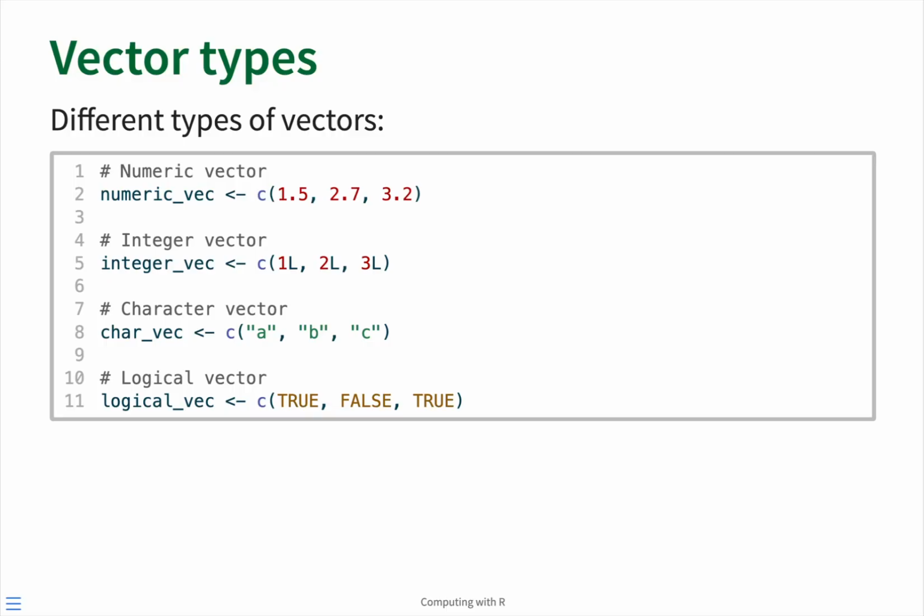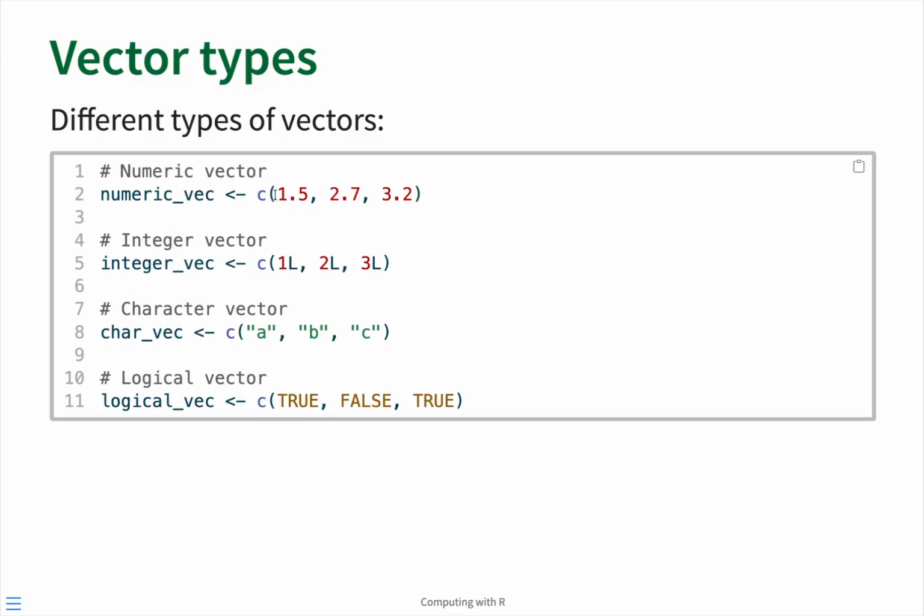We can also have specific types of numeric vectors. For example, vectors that are designed specifically to hold just integer numbers, which you can see in the second example on this page. Here we have to specify that this is an integer number, a whole number, by putting the letter L right after the number. That means R will recognize it as an integer, not a number that could potentially be a decimal.